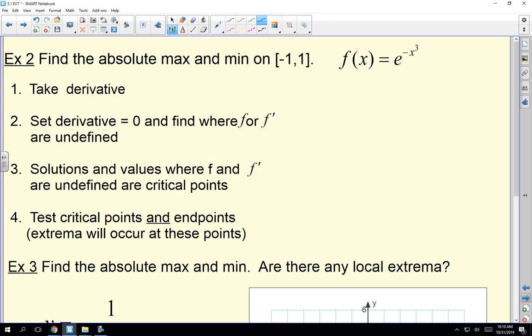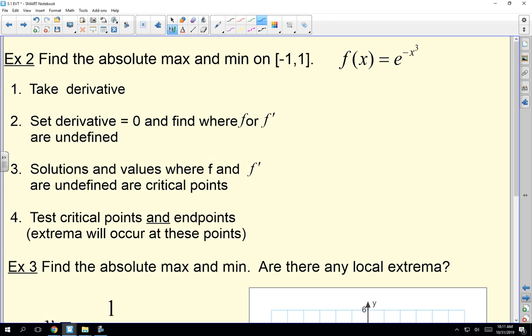So we're also going to look at f and see where it might be undefined, and then also f prime. In other words, we're going to make sure we understand the domain on that interval, because I'm giving you an interval, not a domain.